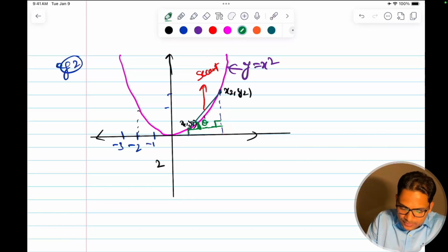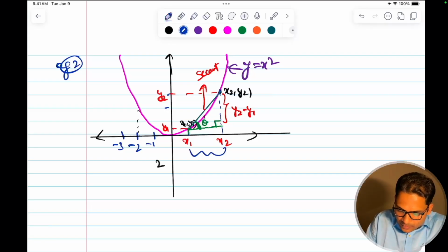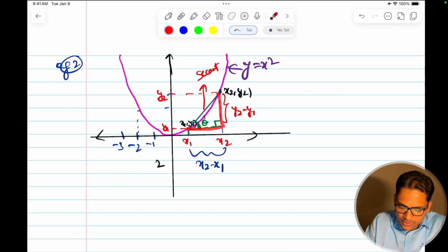This is x1, this is x2, and the corresponding y1 and y2. So this length here will be y2 minus y1, and this length here will be x2 minus x1, right? So this is your base, this is your perpendicular, this is your theta.